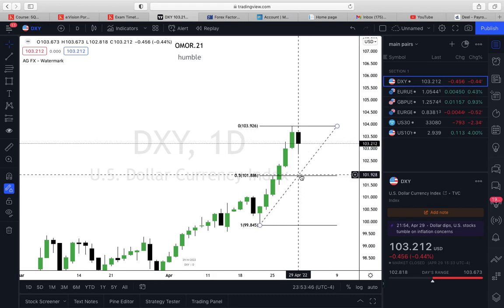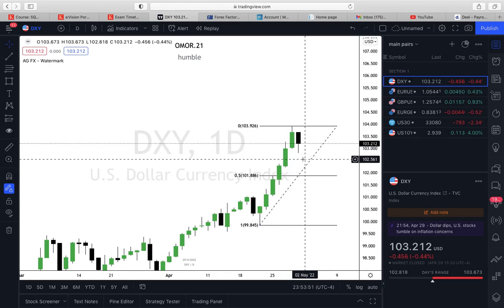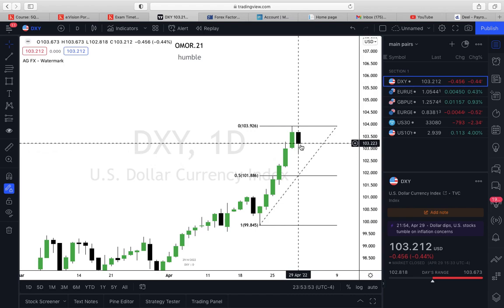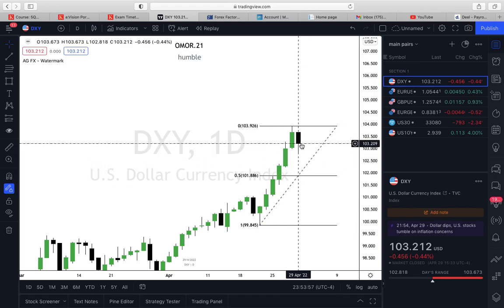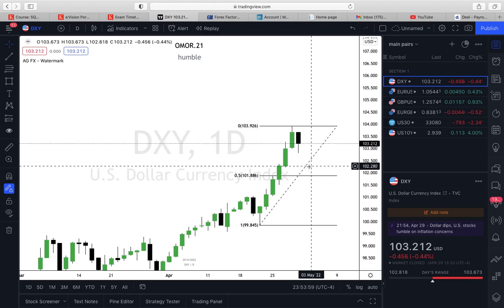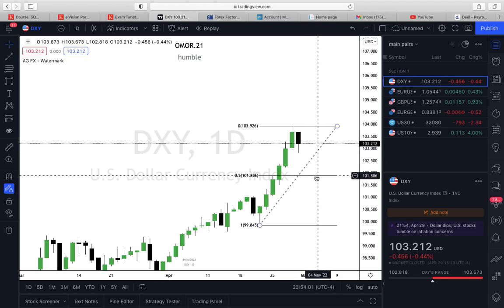We want to see it move back within 50% of the range. And if we get into 50% of the range, guess what? On the daily time frame, if we're moving back to 50% of the range, we can be intraday short selling until 50% of the range. Do you see why it's so important to have the 50% of the range drawn out?